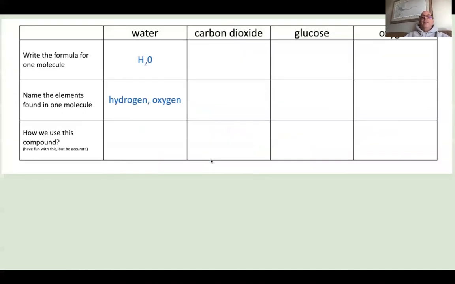The rest of this I'm going to leave for you. You should be able at this point to tell me the formula for carbon dioxide, glucose, and oxygen. You should be able to tell me what elements are found in carbon dioxide, glucose, and oxygen. And you should also be able to tell me a use for them.